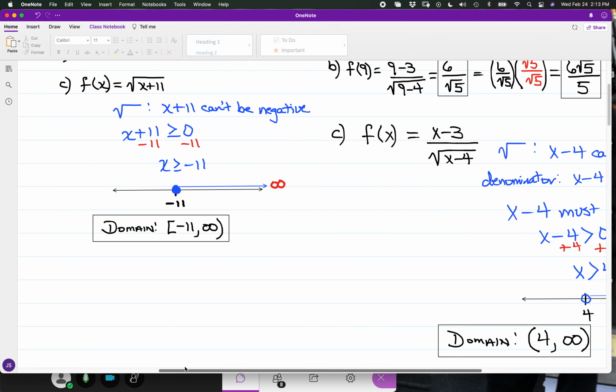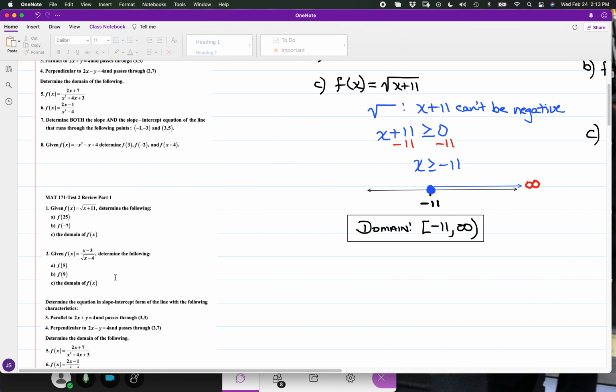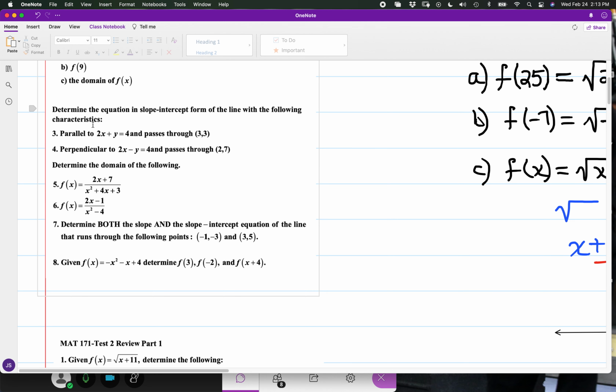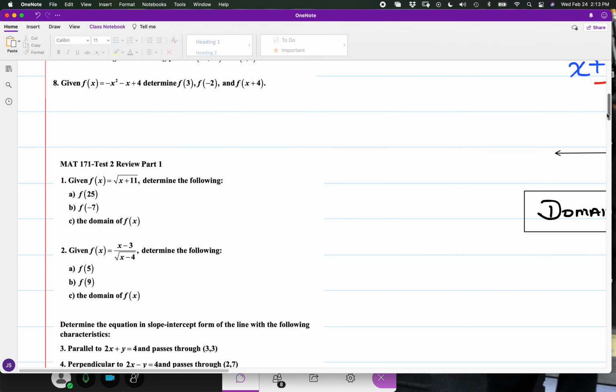Now for the next item, we are going from individual functions and characteristics to lines and linear relations.